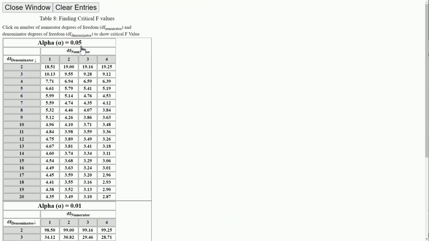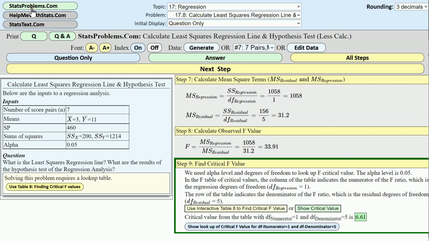Using the alpha equals 0.05 table, with df numerator of 1 and df denominator of 5, we find the critical F value of 6.61. We close this window to return to the analysis, which shows that the critical value from the table for df regression equals 1 and df residual equals 5 is 6.61.